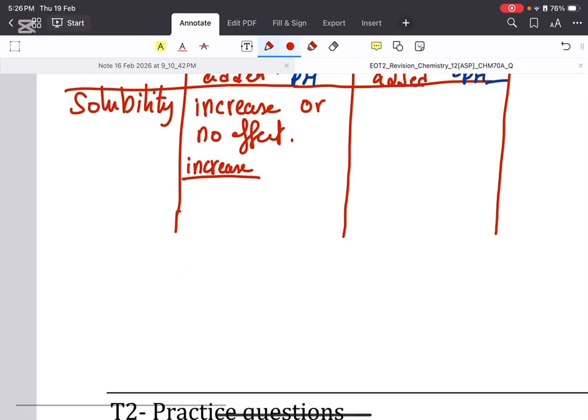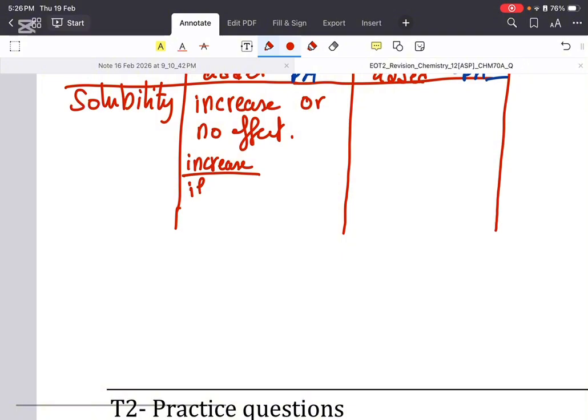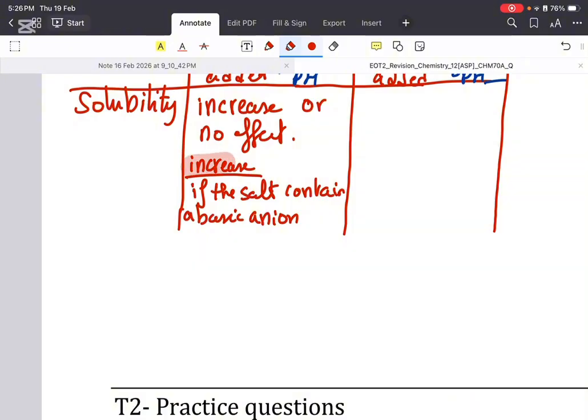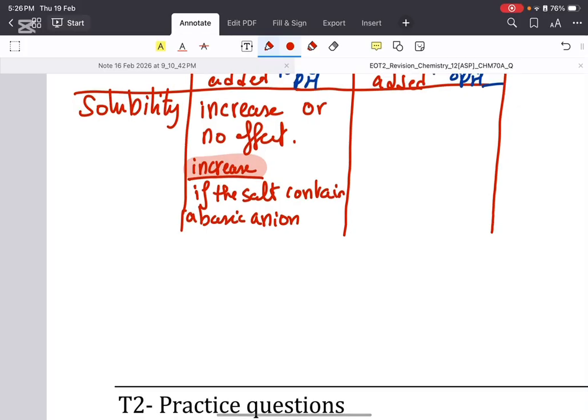If the salt contains a basic anion, the solubility is gonna increase.